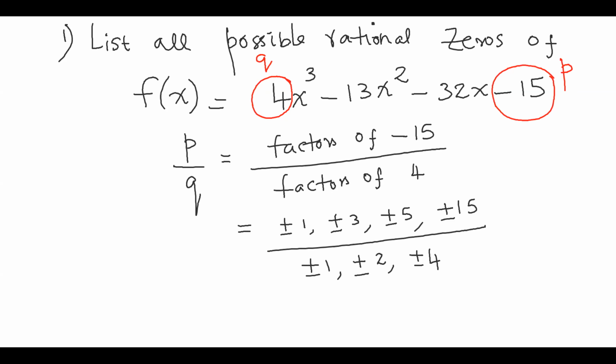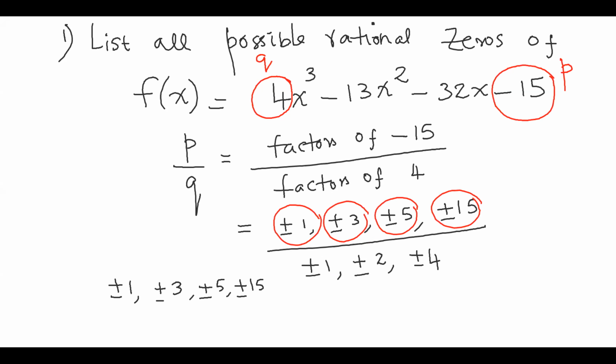So we're going to list all the zeros starting from 1. It's going to be plus or minus 1. You just write first all the whole numbers in the numerator because we can divide them by 1. So you take 1, 3, 5, and 15 and divide everything by 1.